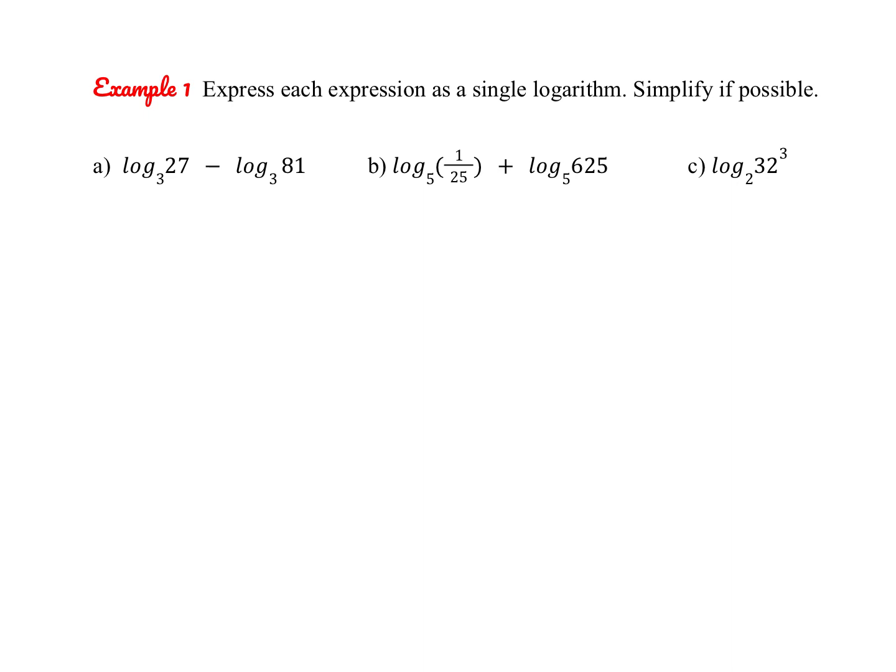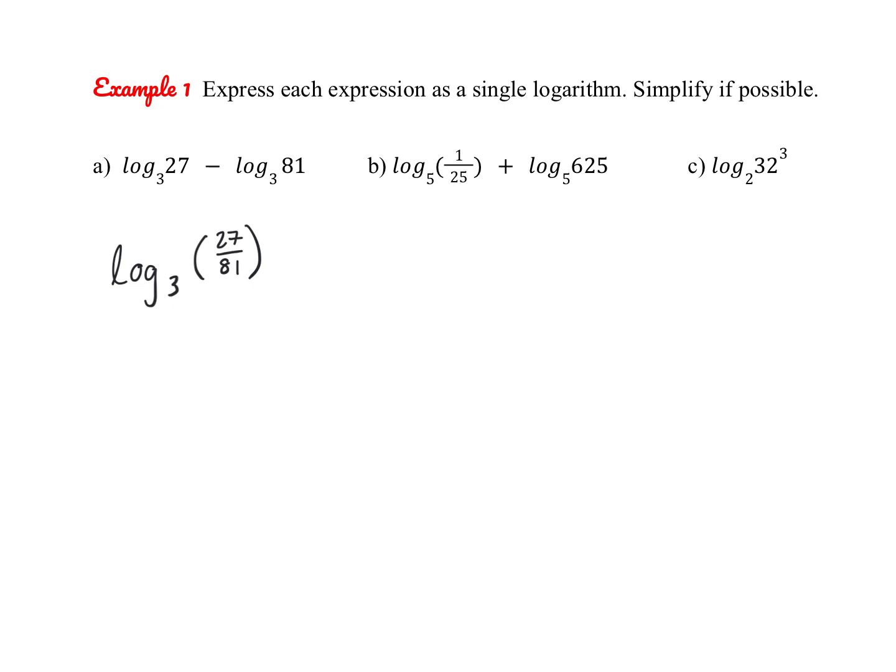All right, so we're going to practice using our properties to help us condense these expressions. We're going to express each expression as a single logarithm and then simplify if possible. So here we have the difference of 2 different logarithms. So we can use our quotient property, and we can write it as a single logarithm that is a quotient of 27 and 81.